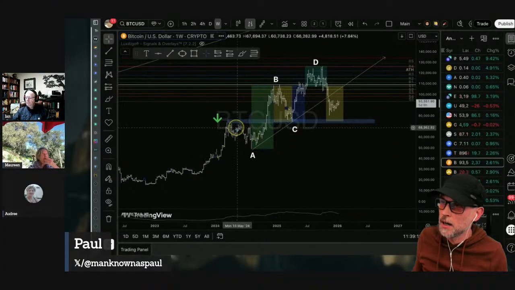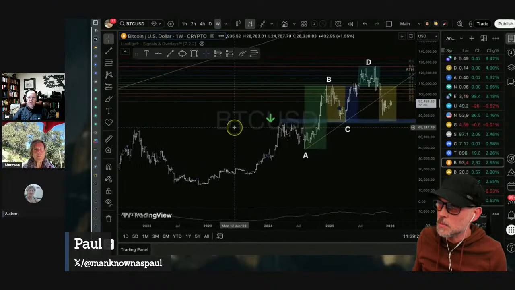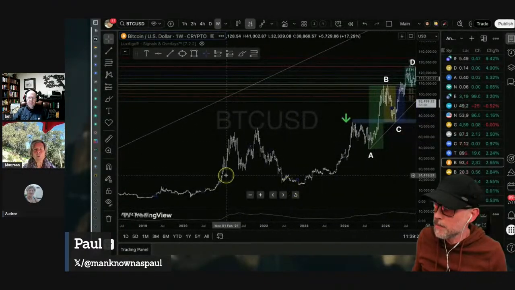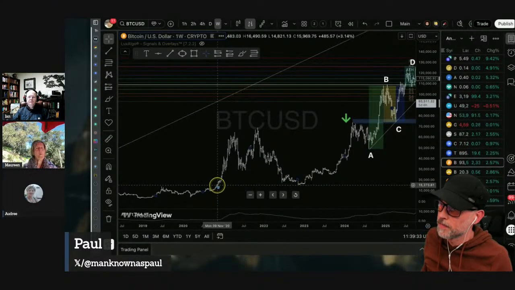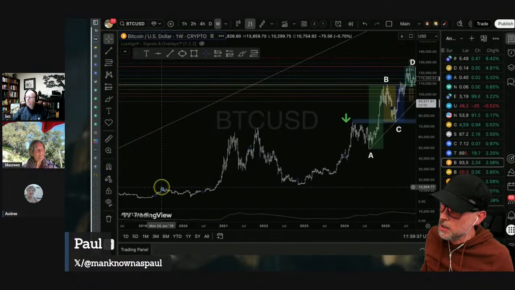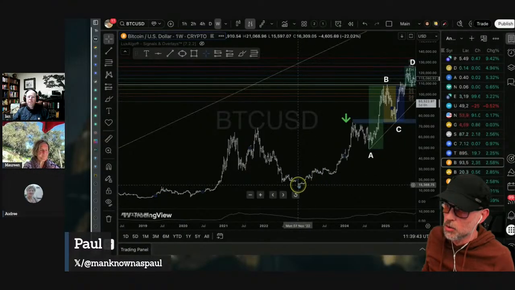The previous low before that was November 2020. It almost touched the high from June of 2019 when it came down in November 2022.